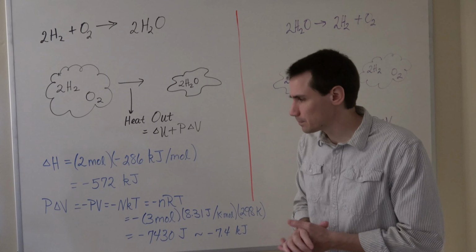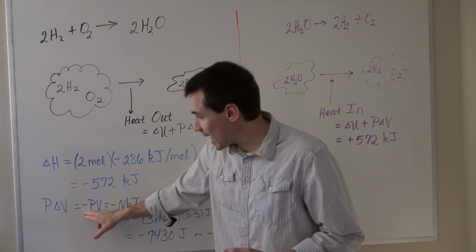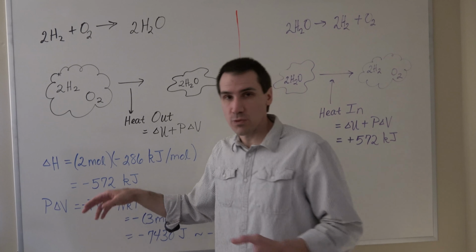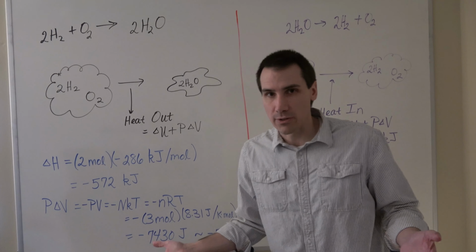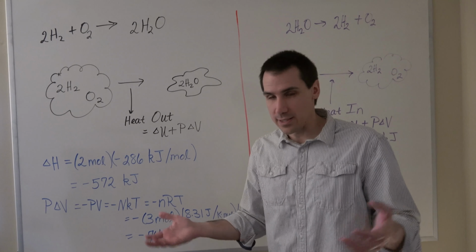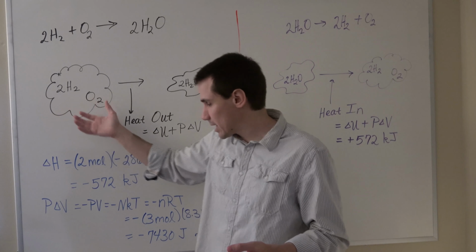So P delta V is equal to negative P times V, because we start with some volume V and we end with 0 volume. So our V final is 0, and our V initial is whatever the volume of the initial system is.